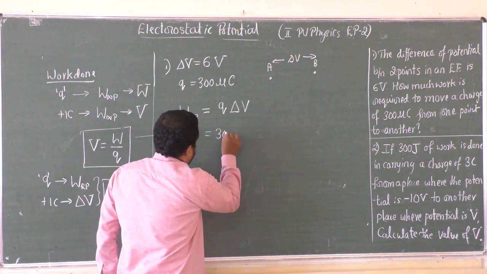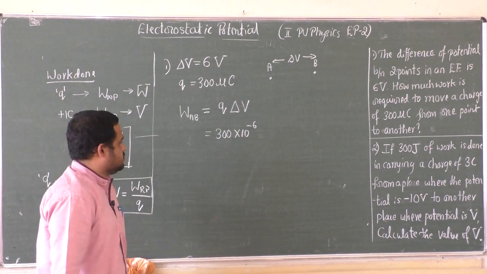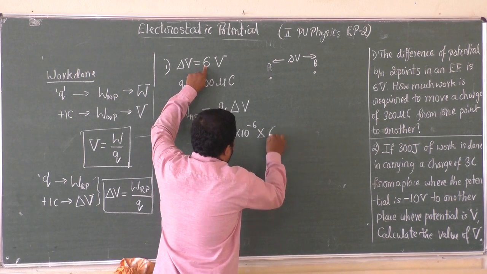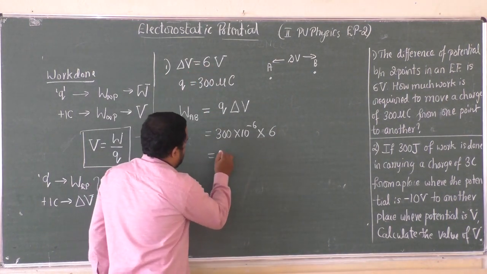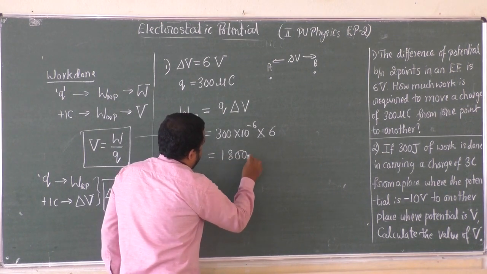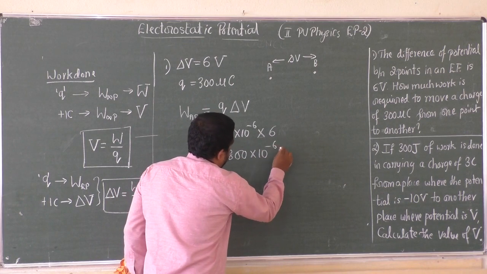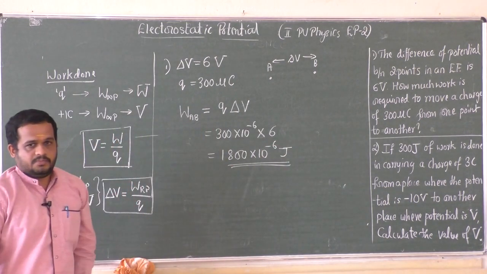Magnitude of charge is 300 into 10 power minus 6 into delta V value is given, that is 6 volt into 6, that is equal to 1800, 6 into 300, 1800 into 10 power minus 6 joule. Work done it is, so expressed in terms of joule.